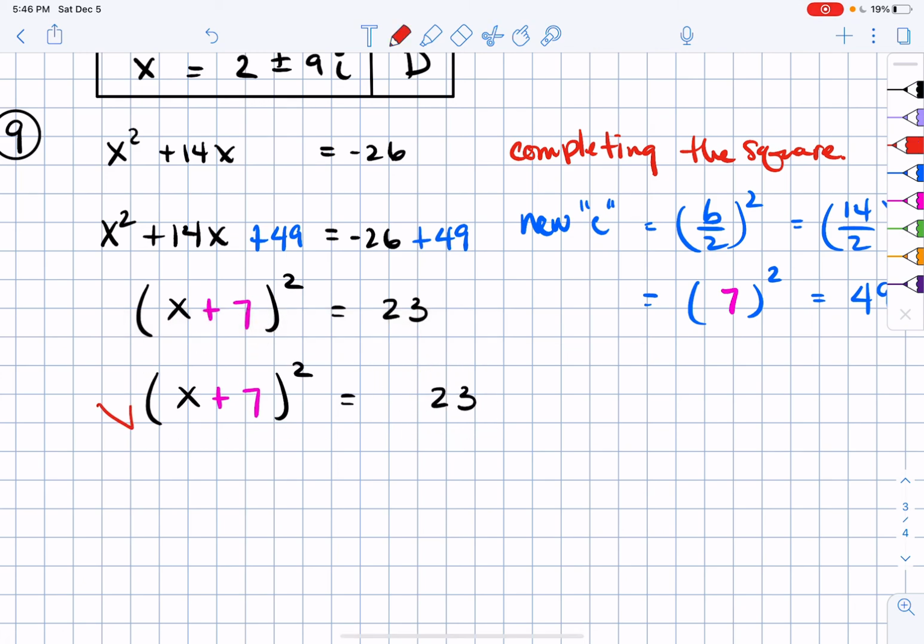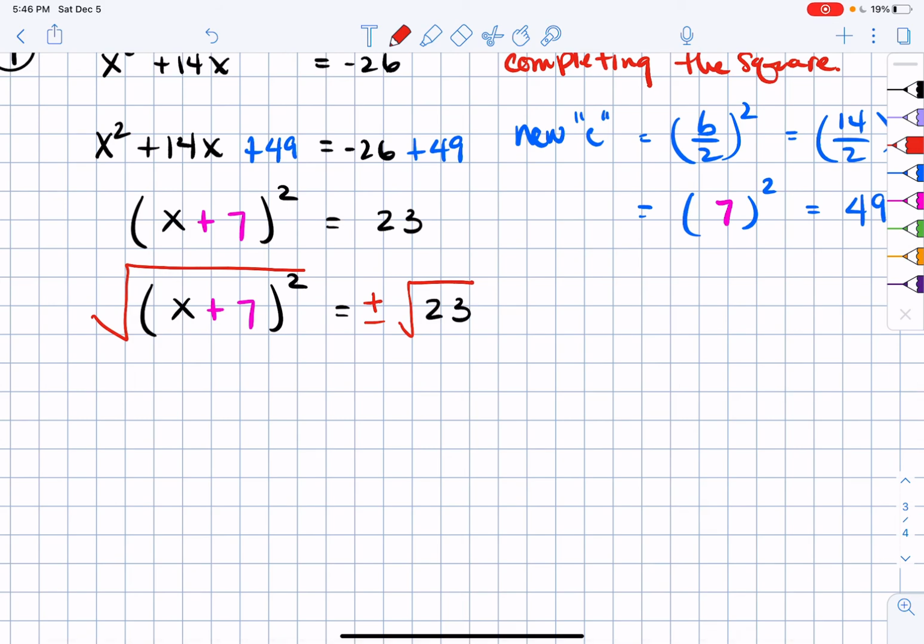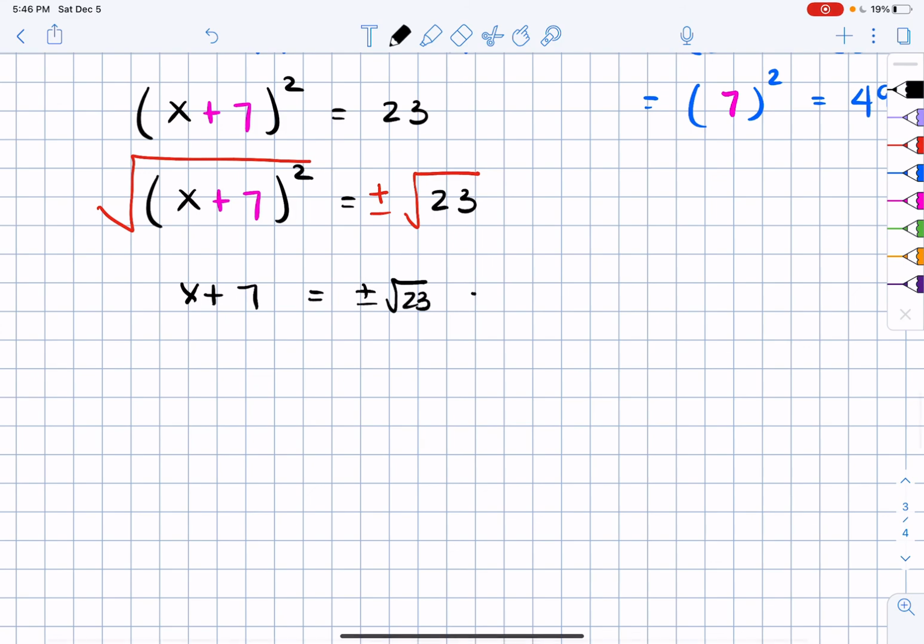I'm going to take the square root of this side, and I'm going to do plus and minus the square root of that side. So now I have x + 7 on this side, and that's going to equal plus or minus the square root of 23. So x is going to equal -7 plus or minus the square root of 23.